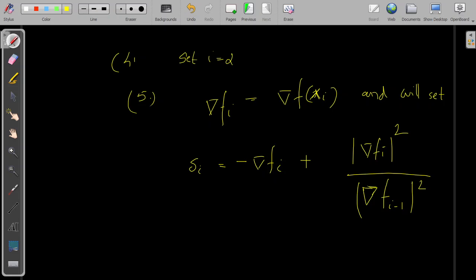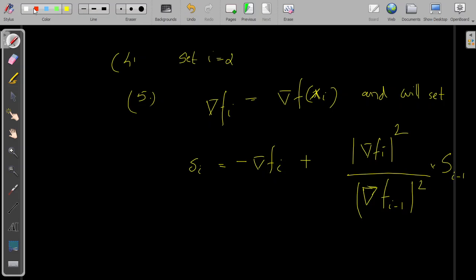And that is multiplied by Si minus 1, that means S1.